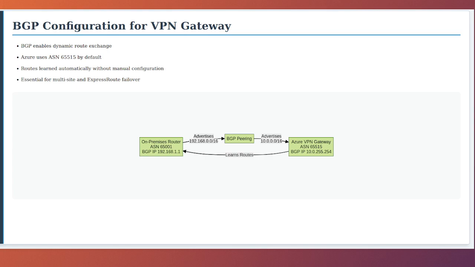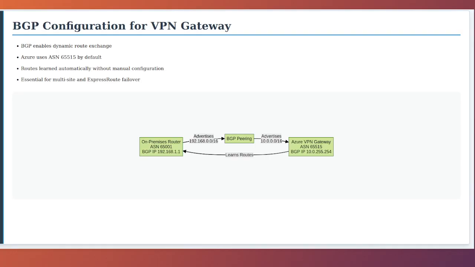Your on-premises VPN device must be configured with its own ASN, which can be a private ASN in the range 65512 to 65534 if you are not using a public ASN. The BGP peering occurs between the VPN gateway's BGP peer IP address and your on-premises router's BGP peer IP address.